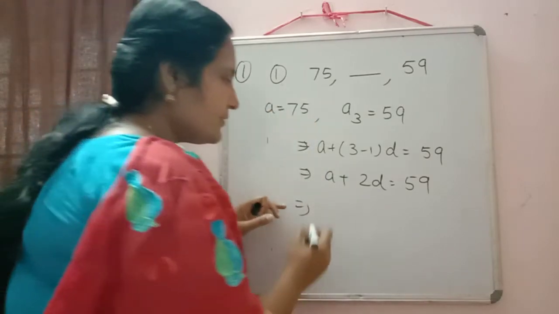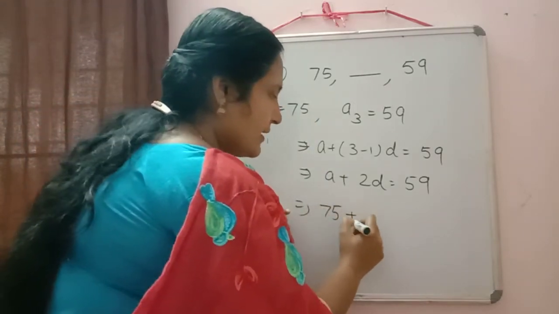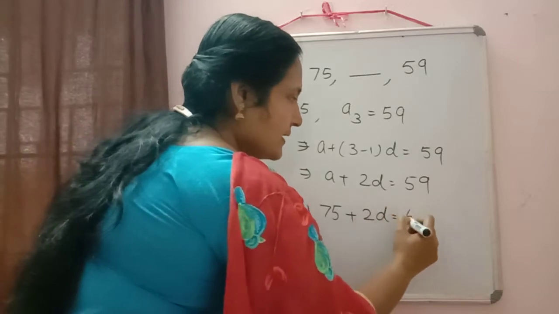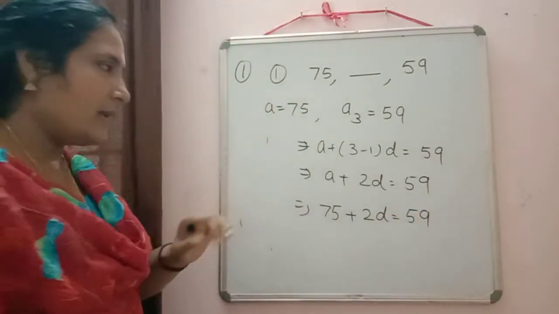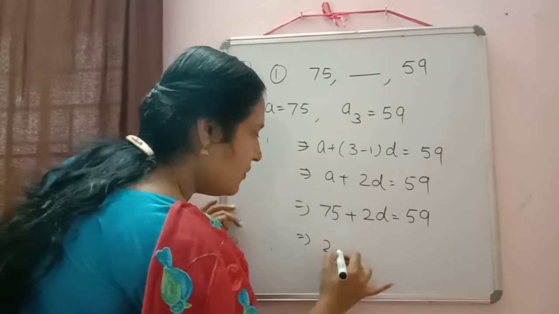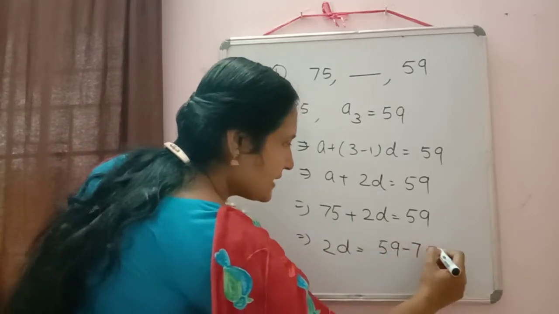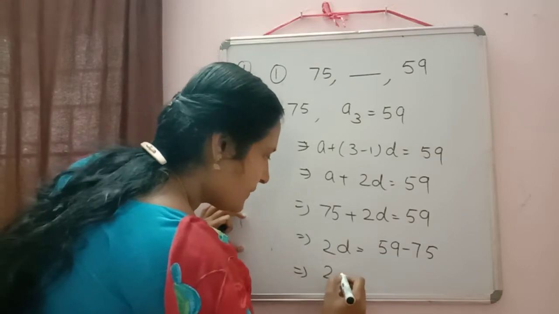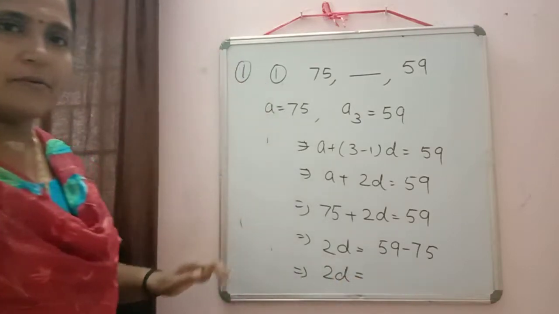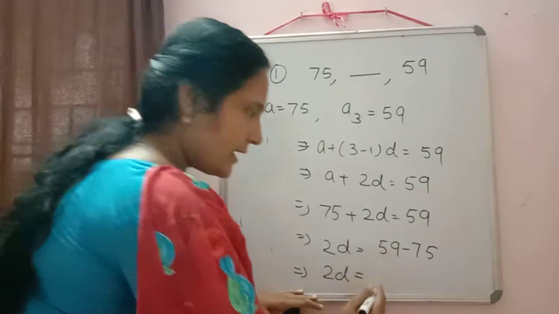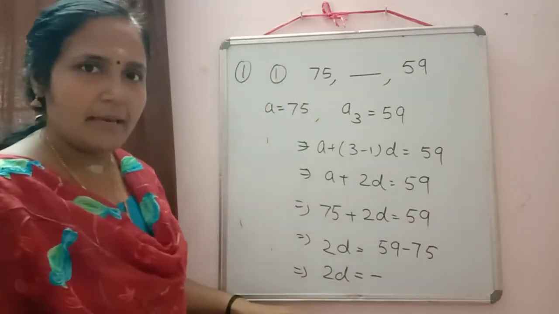Substituting, it will be 75 plus 2d is equal to 59. Now we shift 75 to the right hand side, so it will be 59 minus 75. So we get 2d is equal to, do the subtraction here, the greater number is negative, so our answer will be negative.